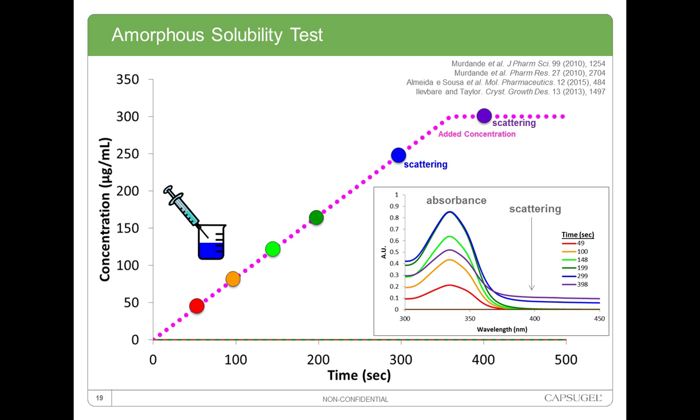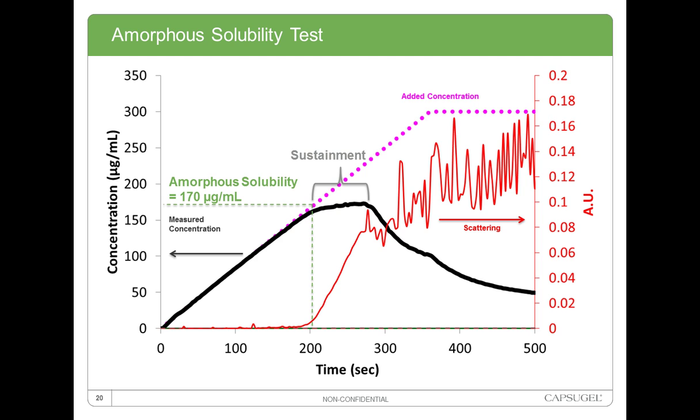That scattering can be indicative of phase separation, or what is termed liquid-liquid phase separation, or LLPS, or it can be liquid-glass phase separation for certain amorphous compounds. Or it may actually be crystallization that we're observing. So careful looking at the test tells us whether we're seeing the amorphous solubility or seeing crystallization.